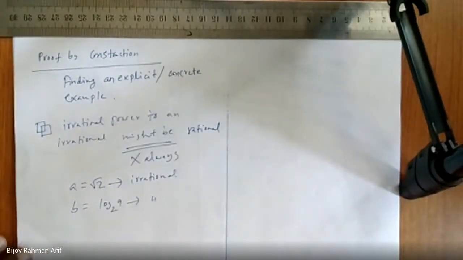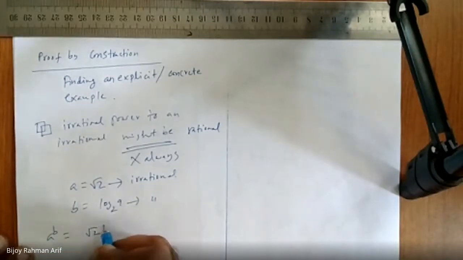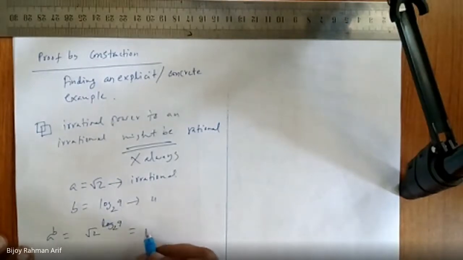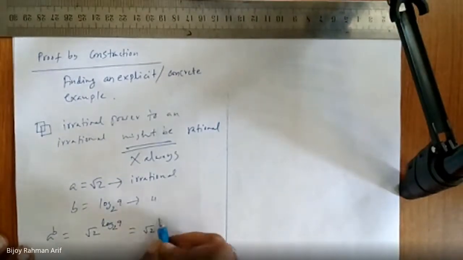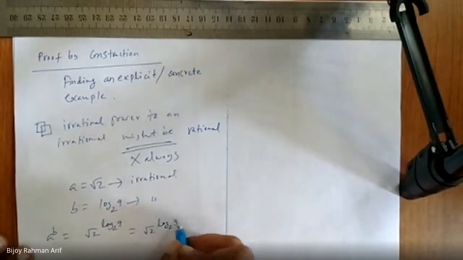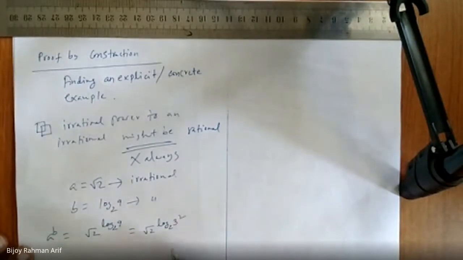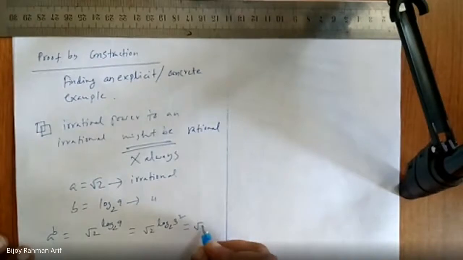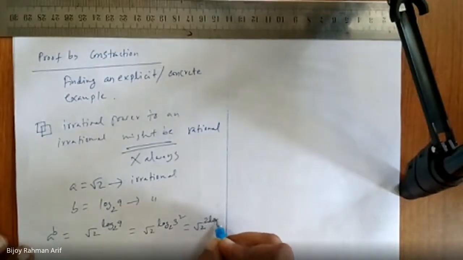Okay, guys? Now, what is a to the power b? Root 2 to the power log 2 base 9. So what is this? Root 2 to the power log 2 base 3 square. So this is nothing but root 2 to the power 2 log 2 base 3.